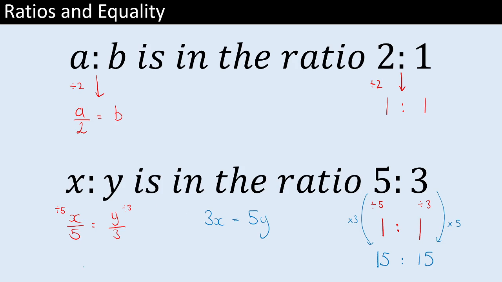Now, the really cool bit of this is seeing how the red and the blue link up. If you can spot how the red and the blue link up, that's really good, because you're then making the connection between your two equations. And you can see here that I have timesed both sides by 5 and timesed both sides by 3, so that 3 comes up here and the 5 comes up there. So times by 5, times by 3, times by 5, and times by 3.